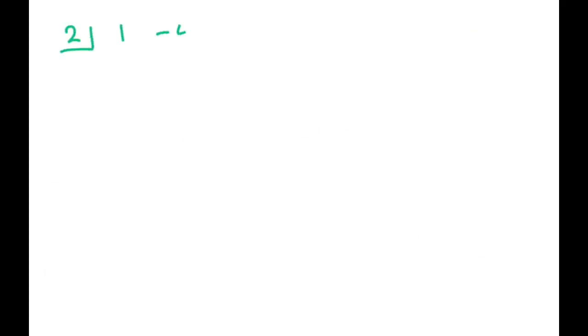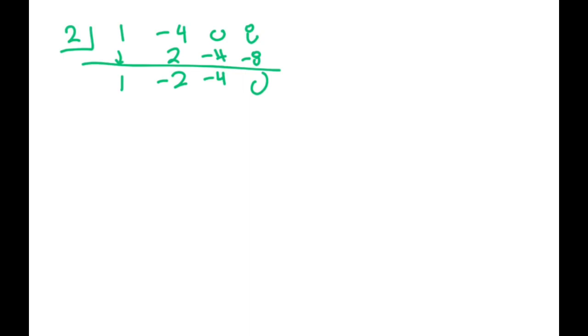Remember, 1, negative 4, 0, 8. So this was an x cubed, x squared, x number. So now this is a 1x squared minus 2x minus 4. And we can use the quadratic formula with this.